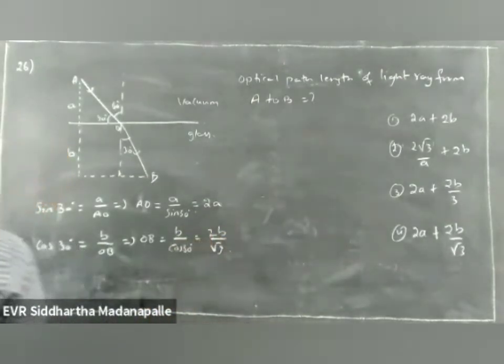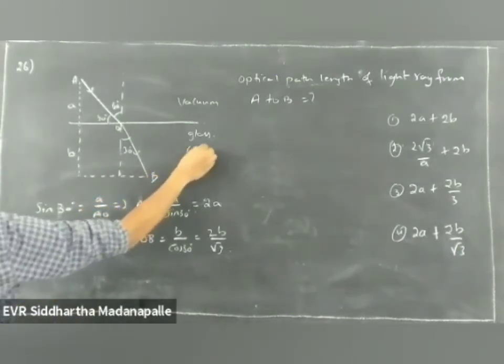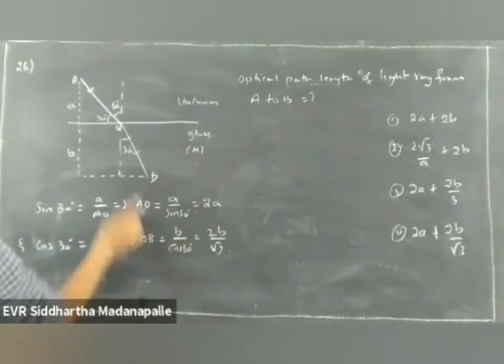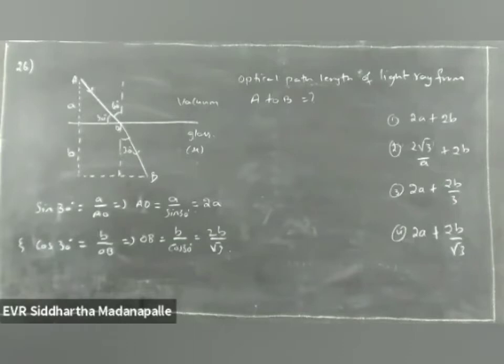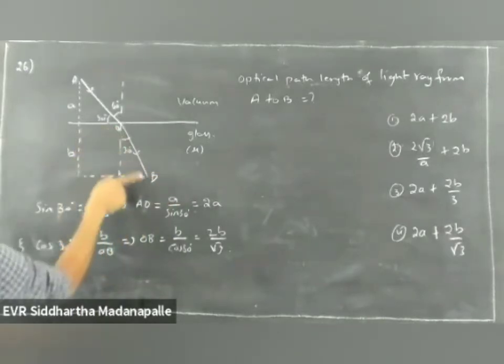Now here, since OB is traveling in a medium, this OB is not the optical path. What will be the optical path of OB? Remember, the ray is traveling in a medium.